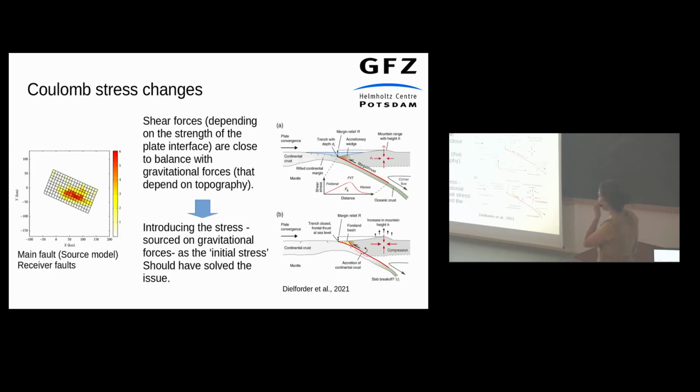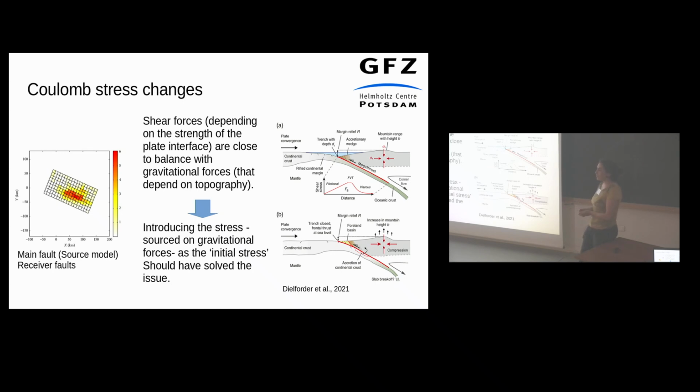So I built my model. I made the source model for a magnitude 8 equivalent earthquake, and I placed my receiver faults in different parts of the rupture segment. But it was very fruitless because I did not have as input the initial state of stress of the crust.